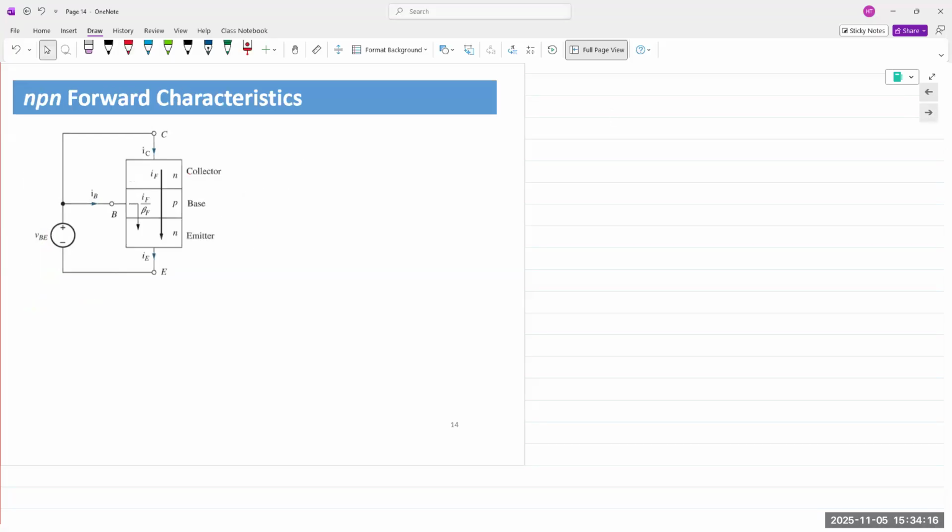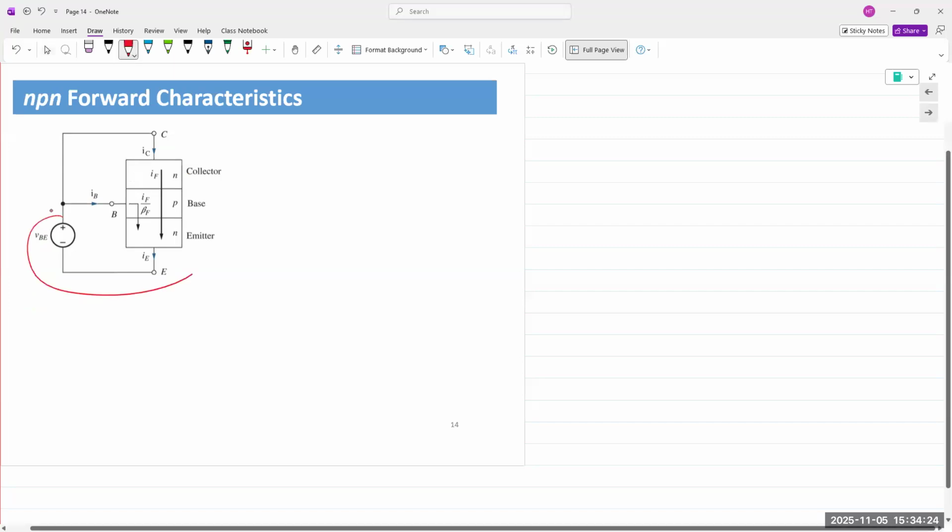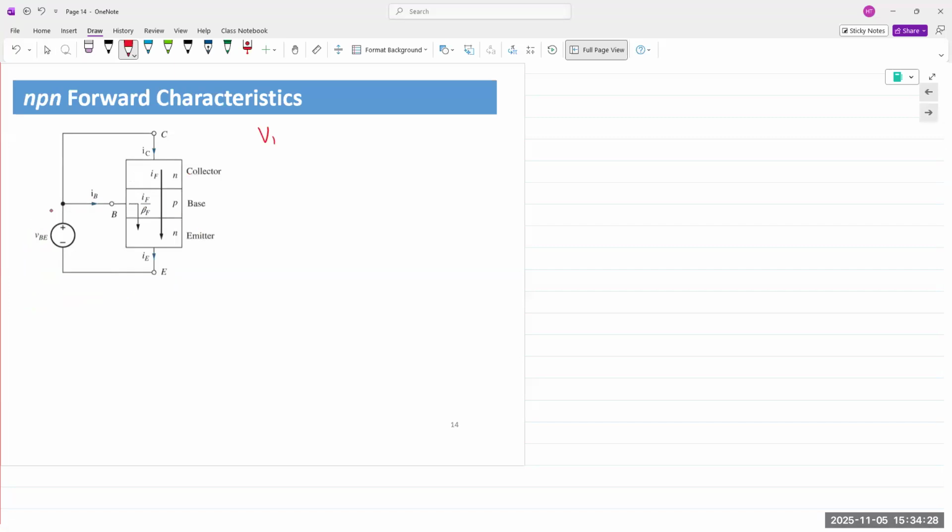All right, forward characteristics using this transport model. If we simply take this forward bias junction and say VBC is equal to 0 volts, we are measuring the current going in one direction, which is here, forward current.